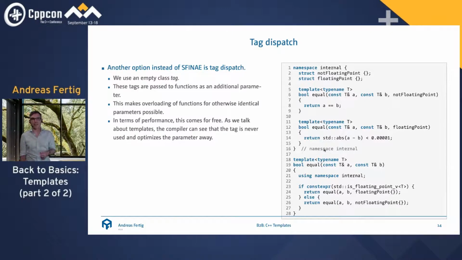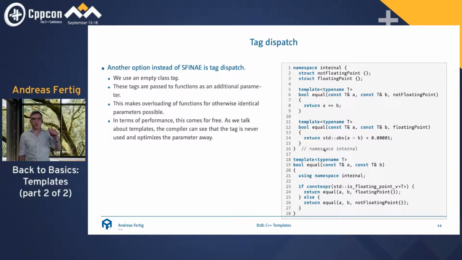Here I have that. Still, we are talking about this equal function, a little bit different now. From the bottom to the top in line 19, I have my function template equal. It takes the two parameters a and b by const ref. And then inside I'm using a constexpr if, and once again querying the type of T at compile time, checking whether it's floating point or not.